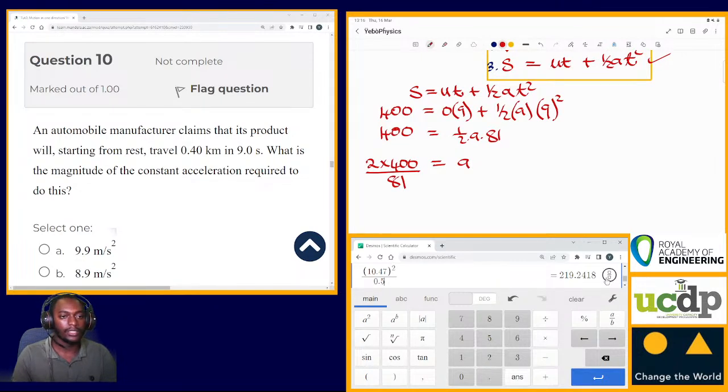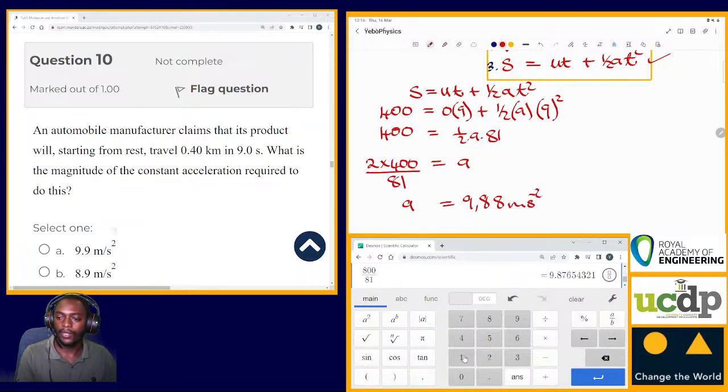Let's punch it in and see if we get that right. 2 times 400, that's 800, so 800 all over 81. We get 9.88. Our acceleration is 9.88 meters per second squared.